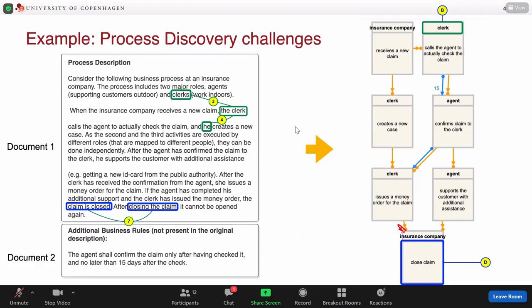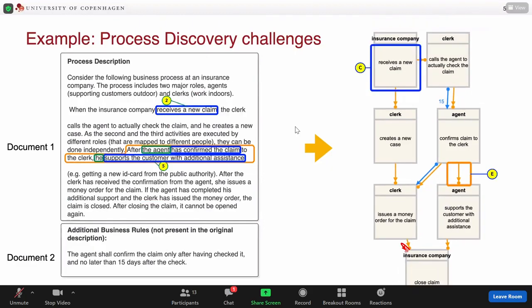So in this case, clerk, the clerk, and he are actually corresponding to the same role, clerk, on the right-hand side. Same thing for activities. Here, the claim is closed, and closing the claim are actually the same activity, close claim in the DCR graph.